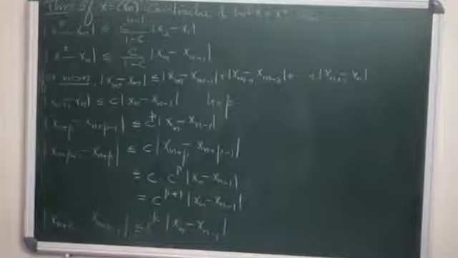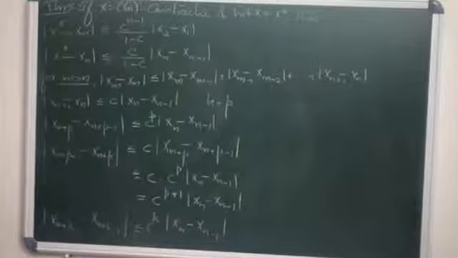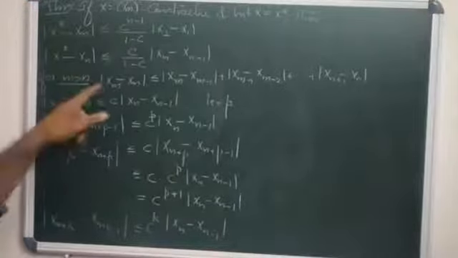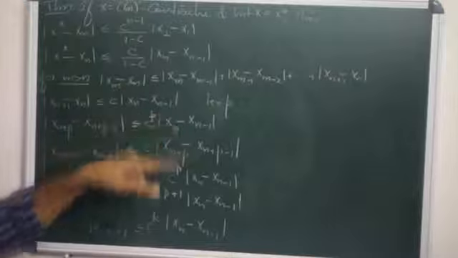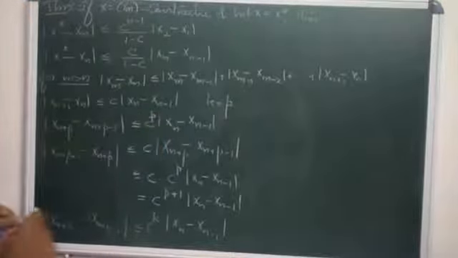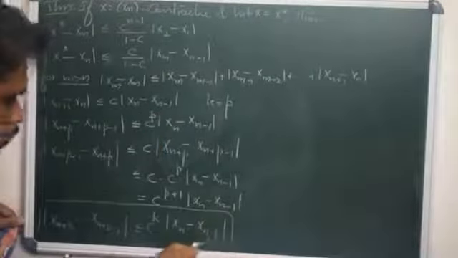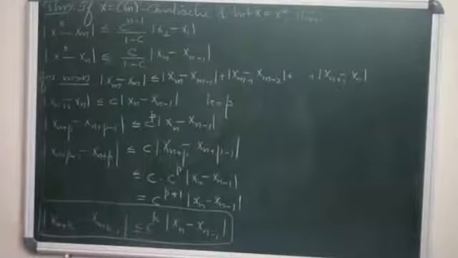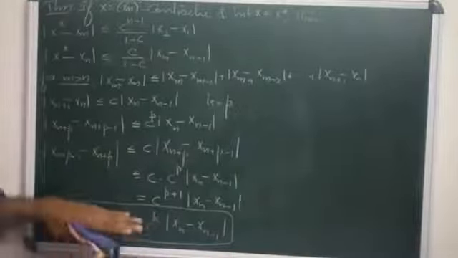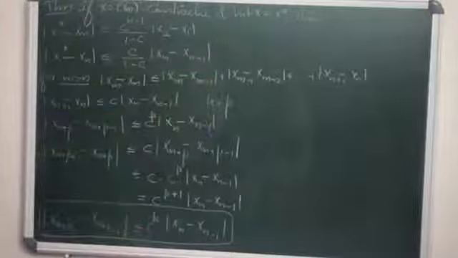Okay. So for m greater than n, consider this argument: modulus of x_{n+k} minus x_{n+k-1} is less than or equal to c^k into mod x_n minus x_{n-1}. This is the obtained result. Now you can apply this result here. What do you get?